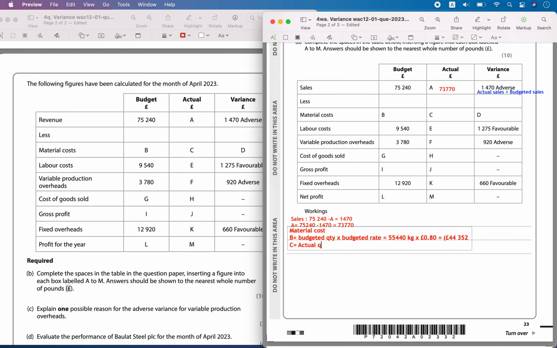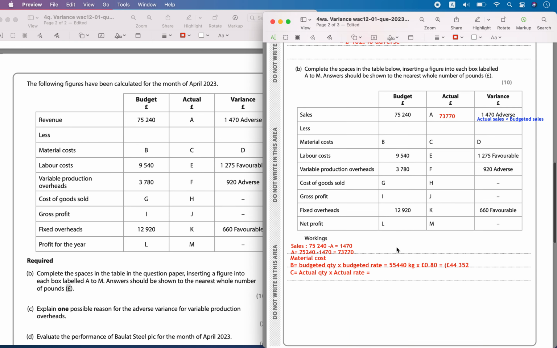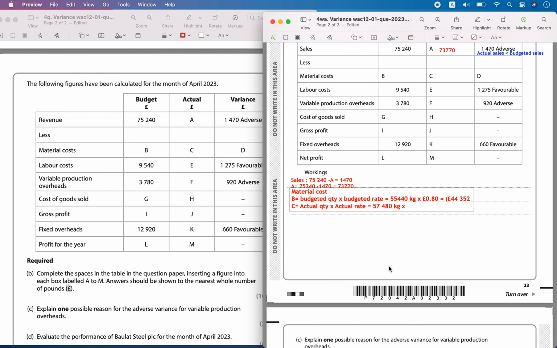We had done this earlier in part A. The actual quantity of material used in production was 57,480 kgs. So 57,480 kg times the actual rate at which it was purchased, 0.78, so that is going to be equal to 44,834.